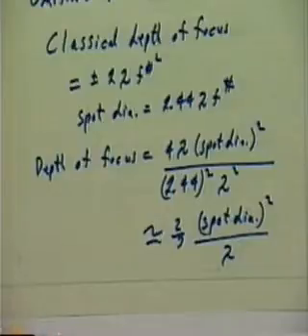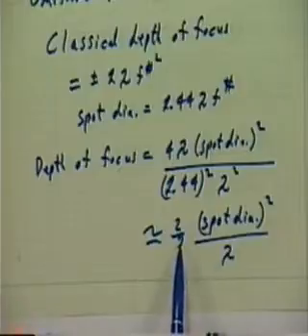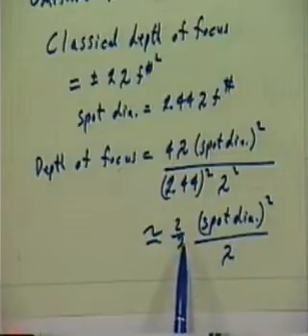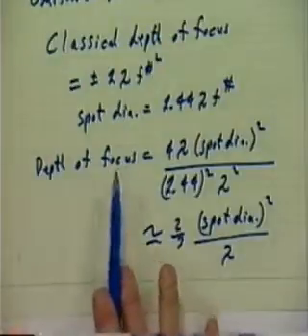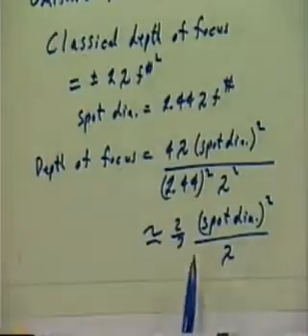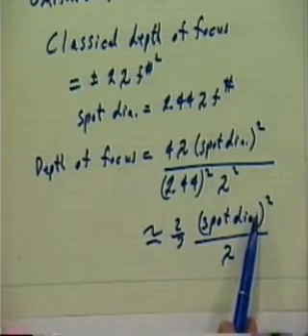And what we got here, 4 over 2.44 squared, is something like 2/3 anyway. So this is the classical depth of focus for a uniform beam in terms of spot diameter.